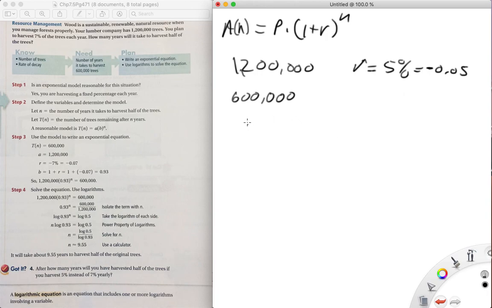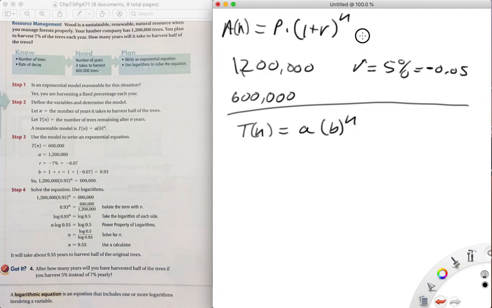So the equation that the book gives for this problem is T of n, T for trees, equals A, the principal or the initial, times B to the n. In this case, B is equal to 1 plus r. So that's where that's coming from.